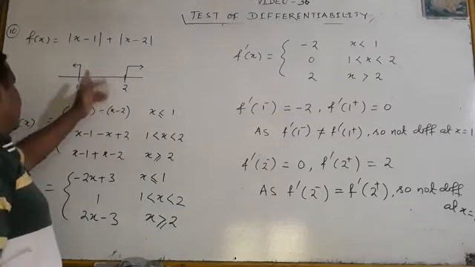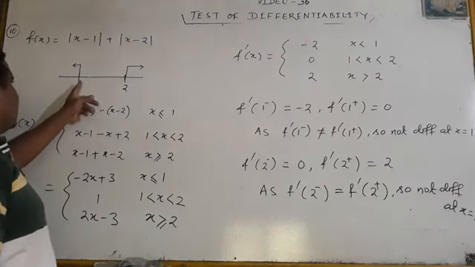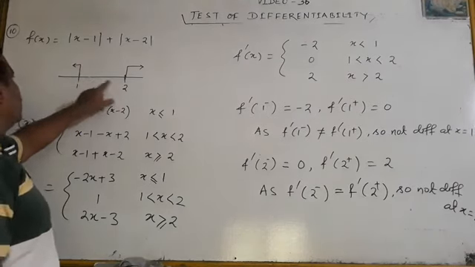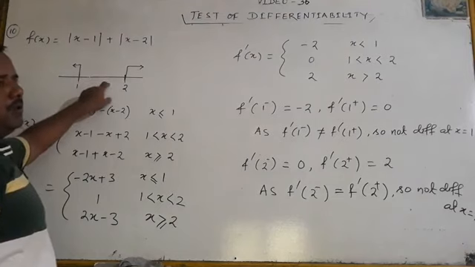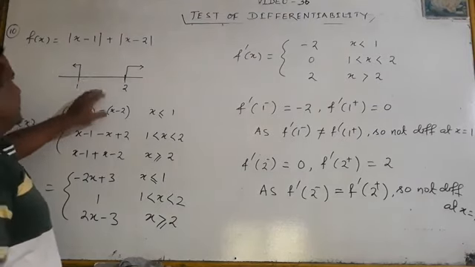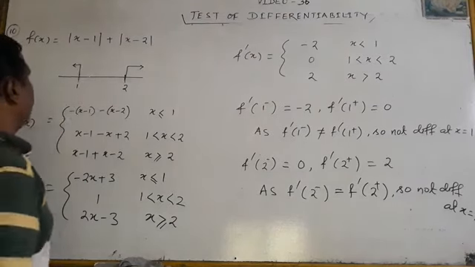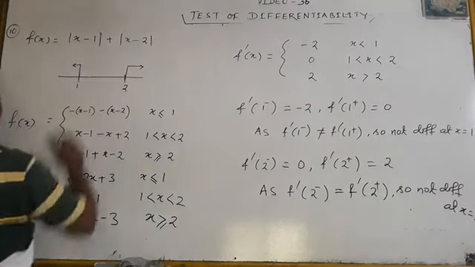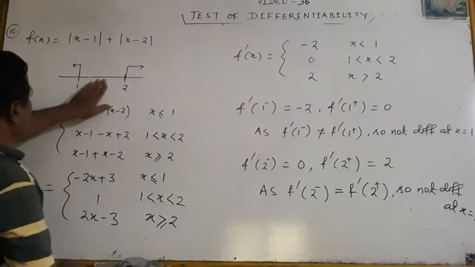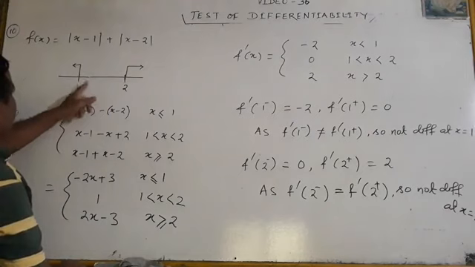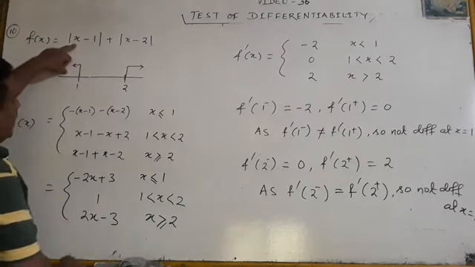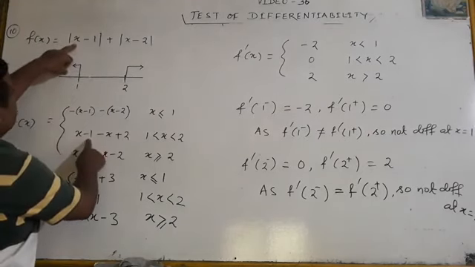In this part, when x lies between 1 and 2, like 1.1, 1.3, 1.9, 1.7, x must be greater than 1 and less than 2. As x is greater than 1, we have to take x minus 1.